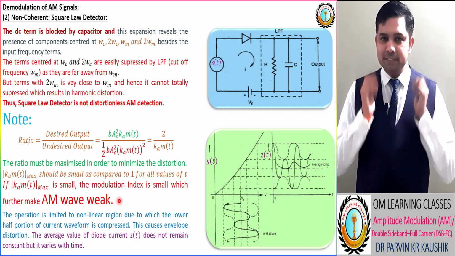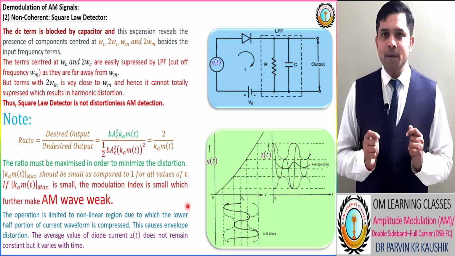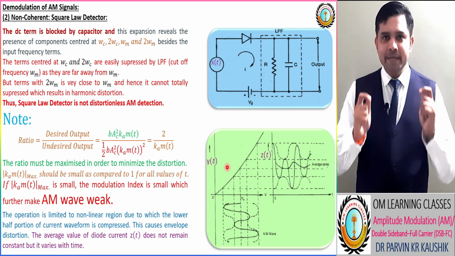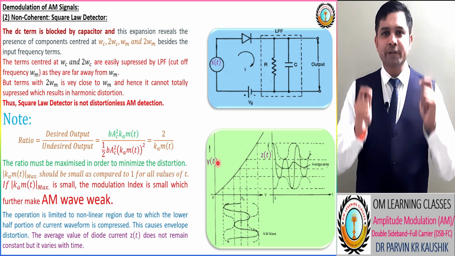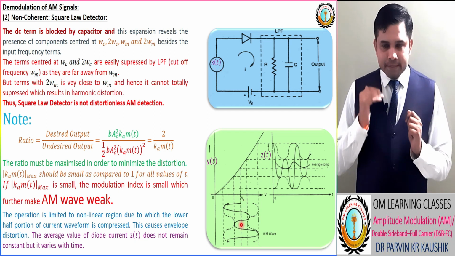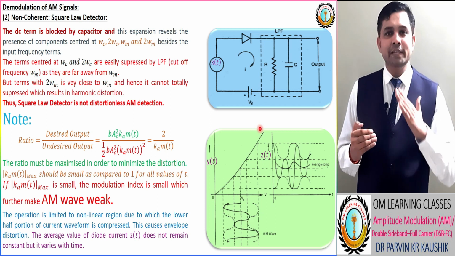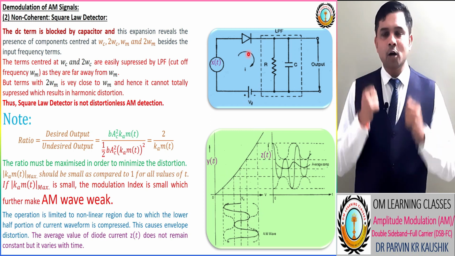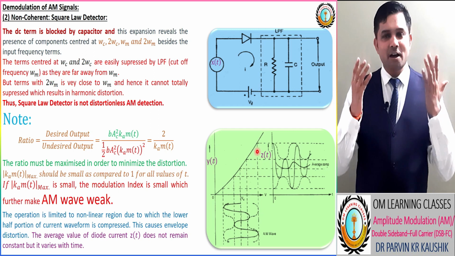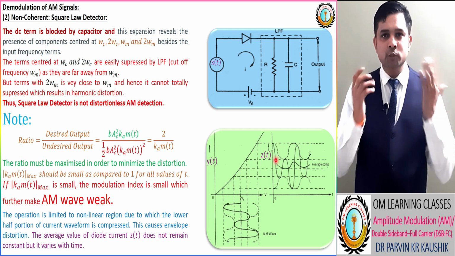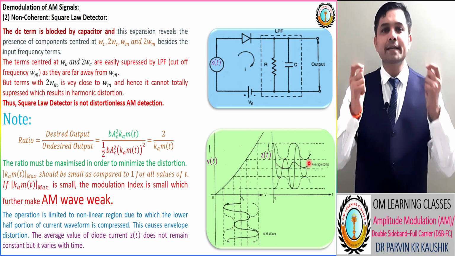Now we have the characteristic diagram. In the characteristic diagram, the AM modulated signal, which is our input received signal, is applied. Then it is overlapped corresponding to the nonlinear characteristics. At the output, we get the average signal which is corresponding to our modulating signal.